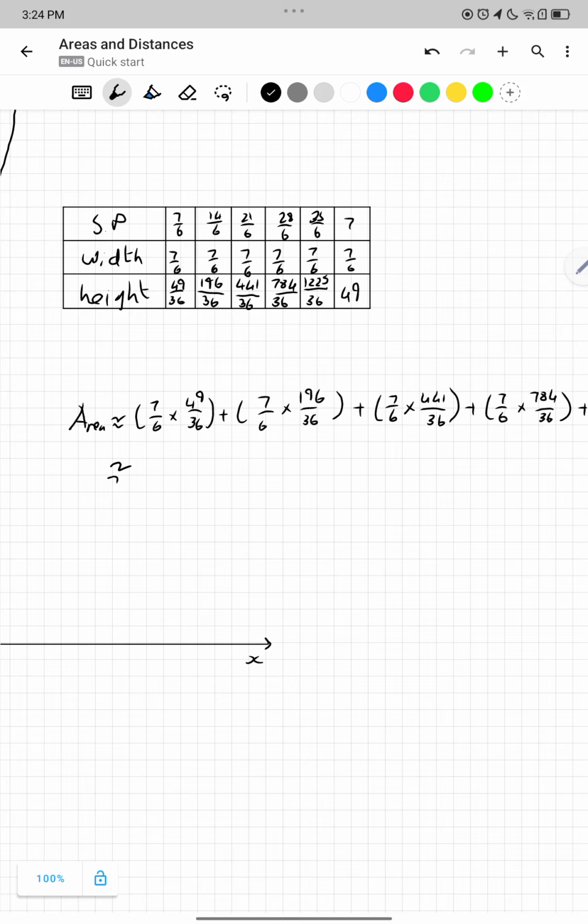So, estimated area, I'm gonna just punch all of these in a calculator.